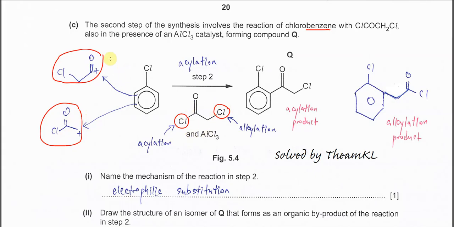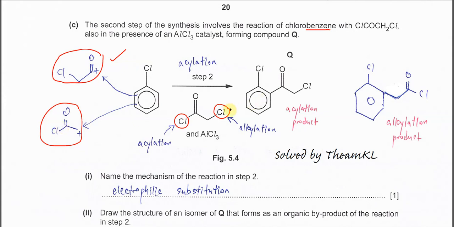So when this electrophile forms, it will undergo acylation, and when this electrophile forms, it will undergo alkylation.